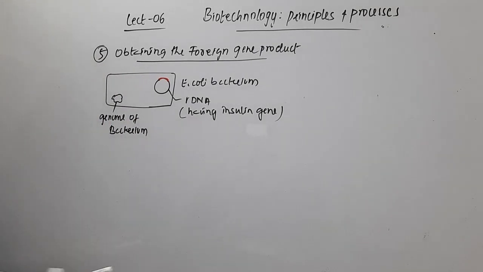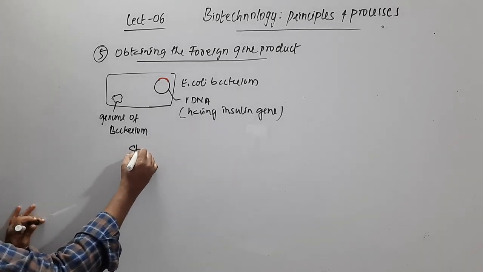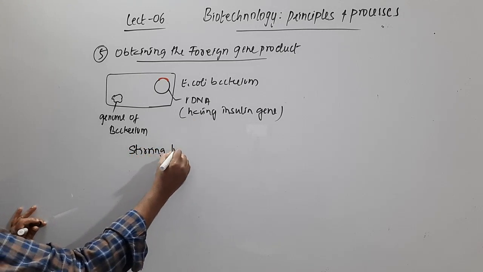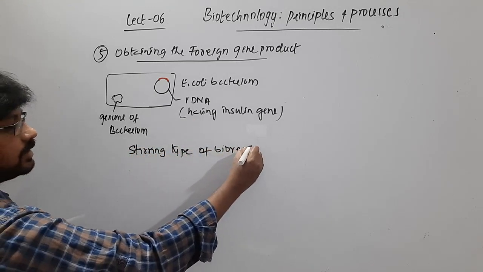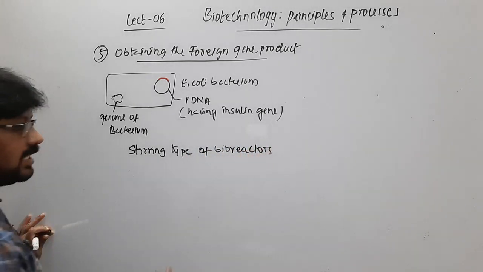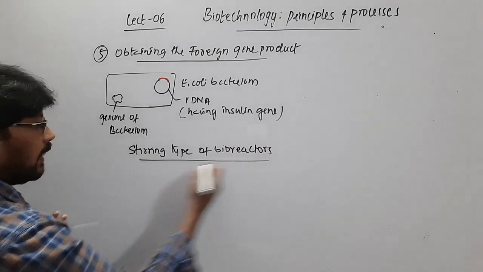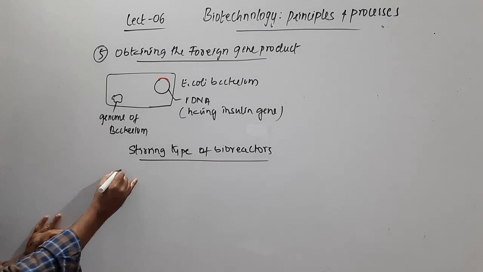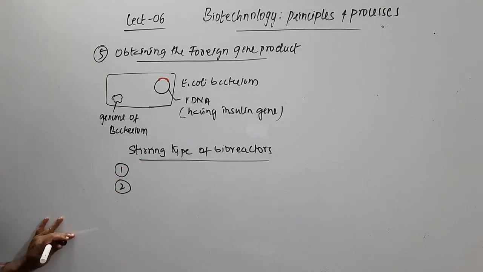The most commonly used bioreactors are stirring type. Stirring type bioreactors are used. They are large vessels, very big containers. Mainly there are two types of stirring type bioreactors.